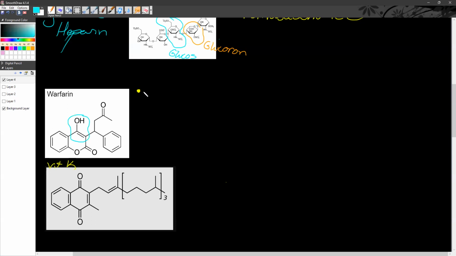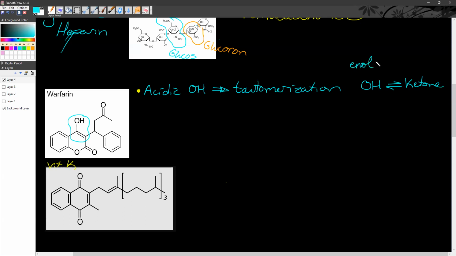This OH group is an acidic group which undergoes tautomerization, which means it can switch between being an OH and a ketone. For those who tutor with me, this is an enol. The big thing here is that because of that ability to switch back and forth, it is more easily able to fit inside the enzyme and disrupt what it's supposed to do.